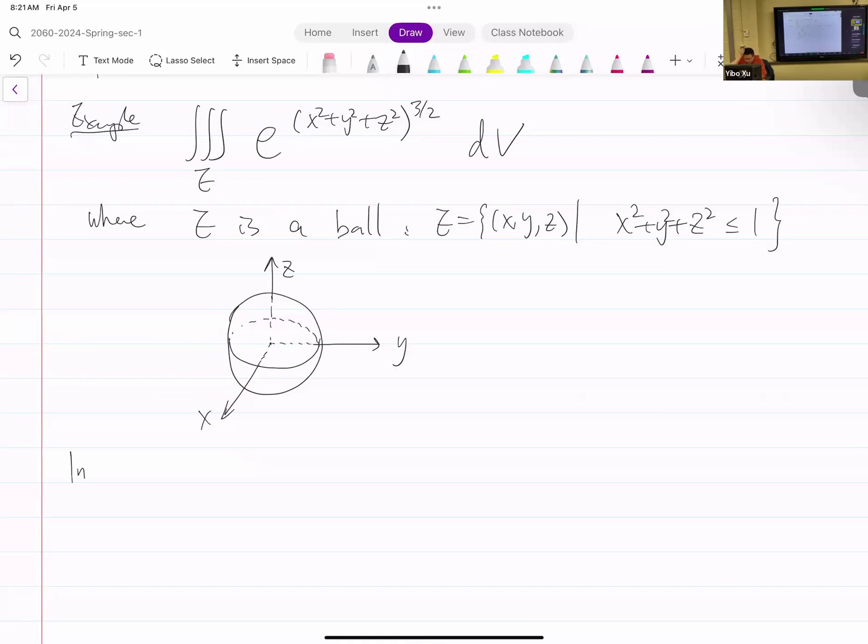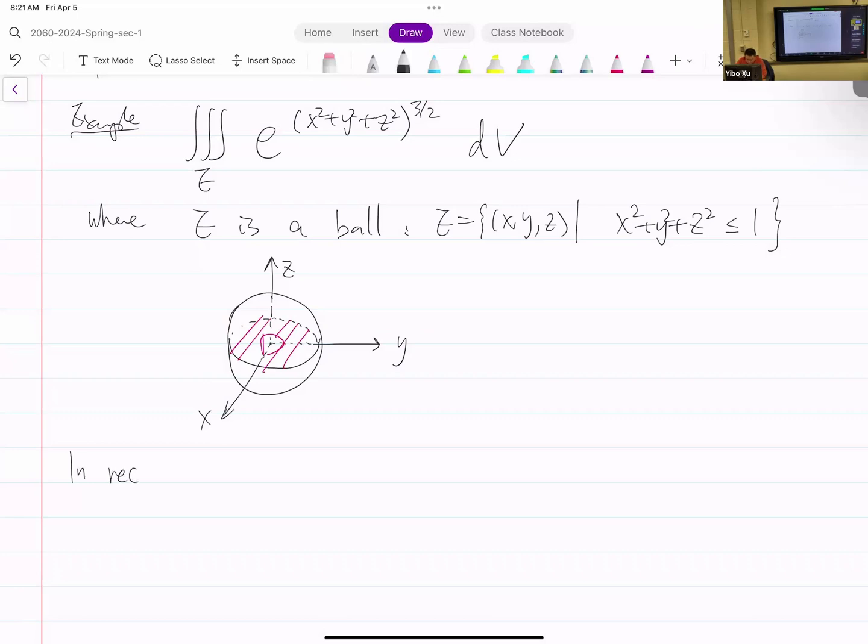In either case, we should describe that intersection within the XY plane, right? So basically, you have a ball, and the first step is you want to project onto the XY plane, and in this case, it's the intersection. And so this is actually that unit disk, right? That's that region.